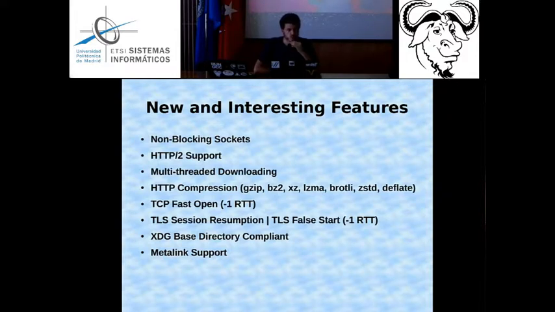We have also TCP fast open, which allows us to start downloading faster from the server, because data starts to come from the server during the three-step handshake, so it's a bit faster. We have also TLS session resumption and false start.